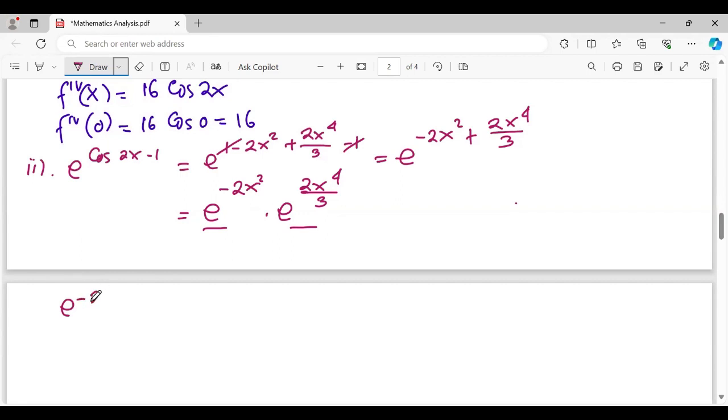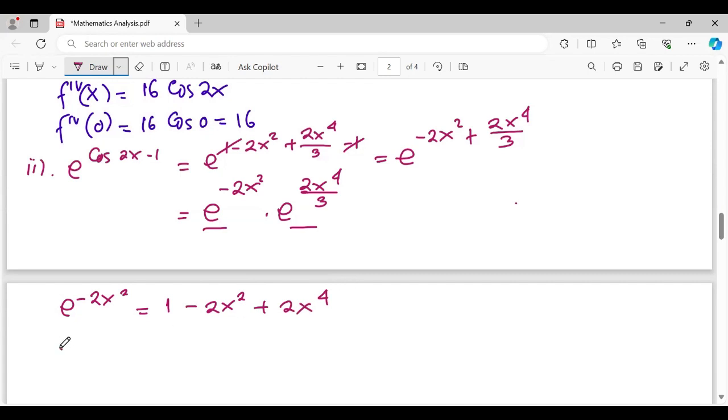Now expand. I'm going to explain how we expand this. So e to the power minus 2x squared is 1 minus 2x squared plus 2x to the power 4.